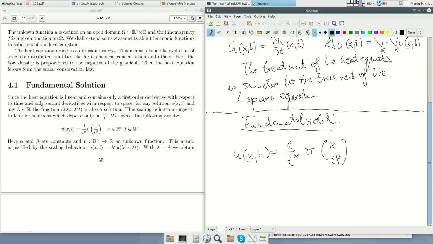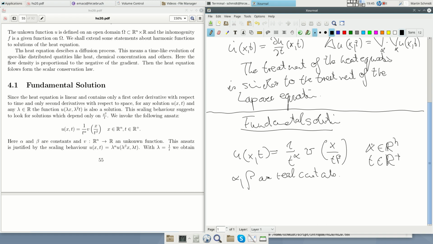Okay, and if we make this ansatz now, then let's calculate the heat equation. Also here x is a vector in Rn, and t is positive. Here we restrict to the positive numbers, otherwise this makes no sense. So this is first the ansatz, and alpha and beta are real constants.